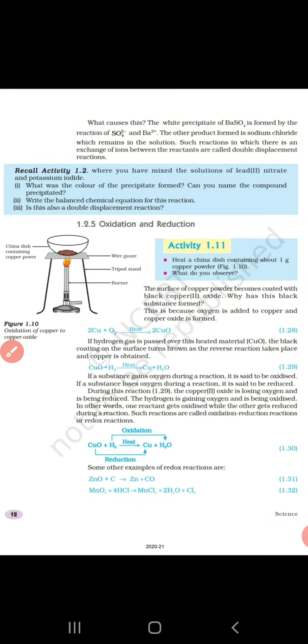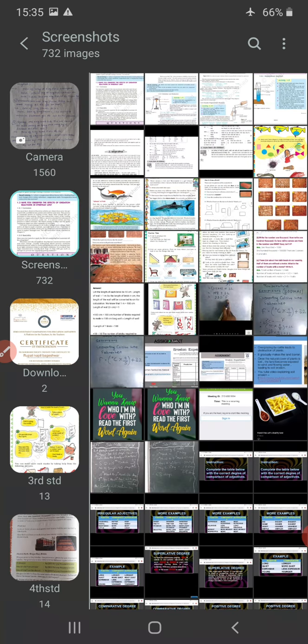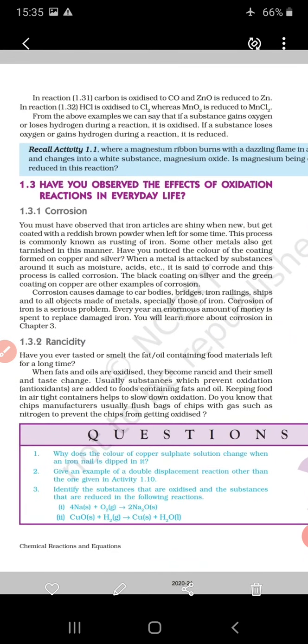So I will tell you one more important thing, that is oxidizing agent and reducing agent.